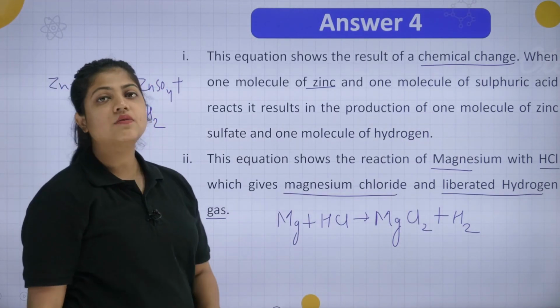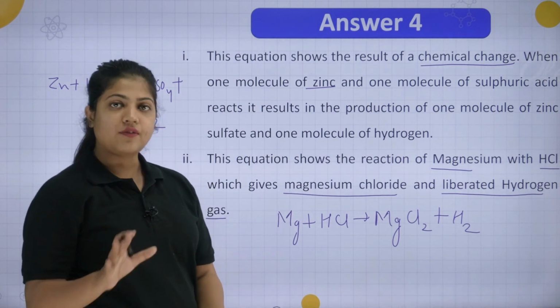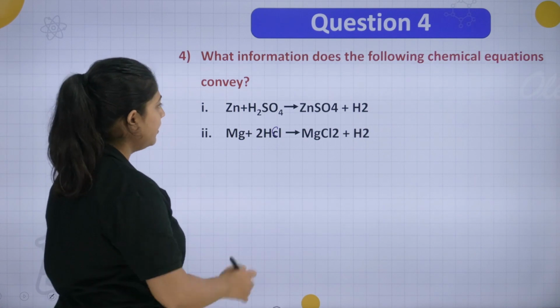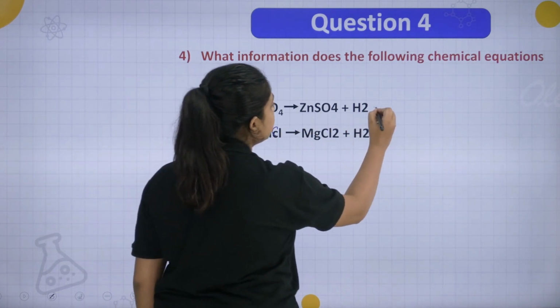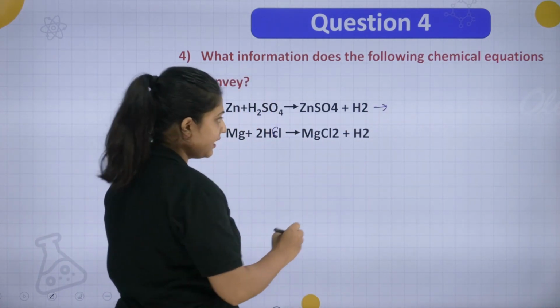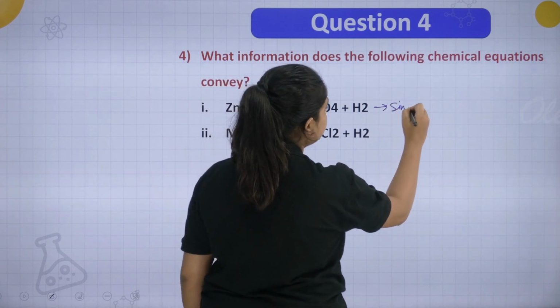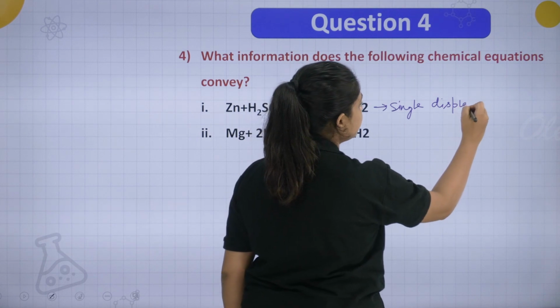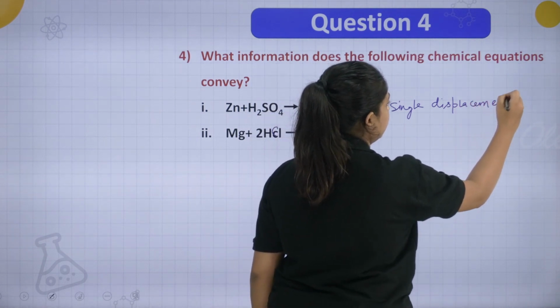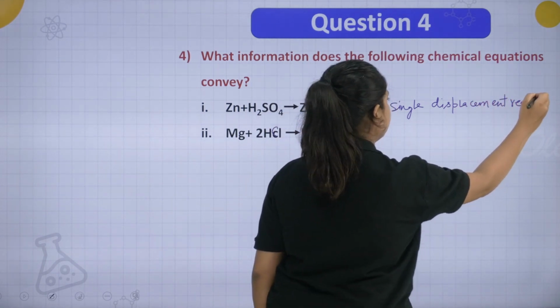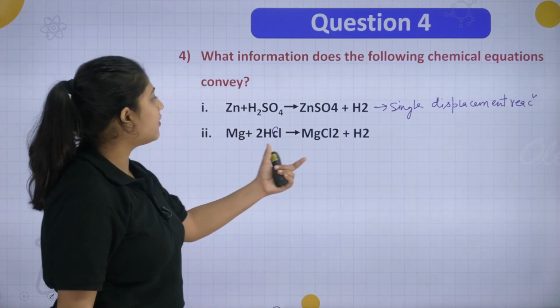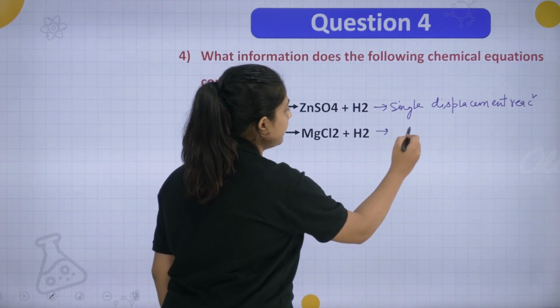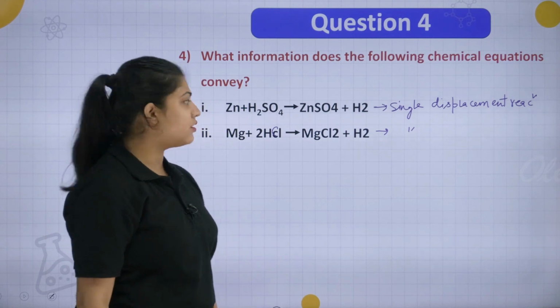Also, if you want, you can add some more points. You can tell that this is a single displacement reaction, and here also it is an example of a single displacement reaction.